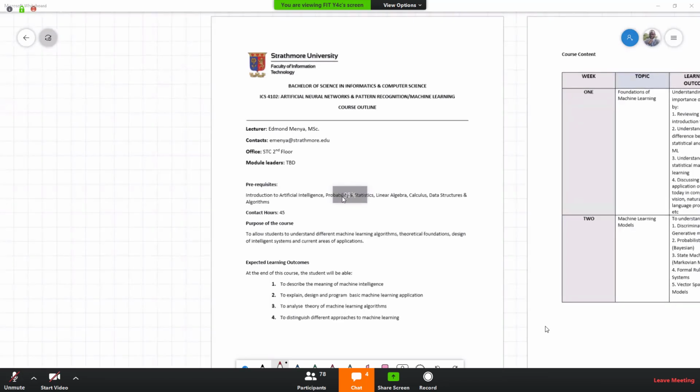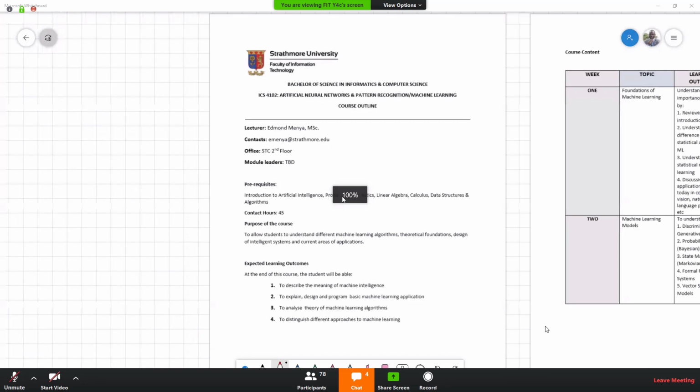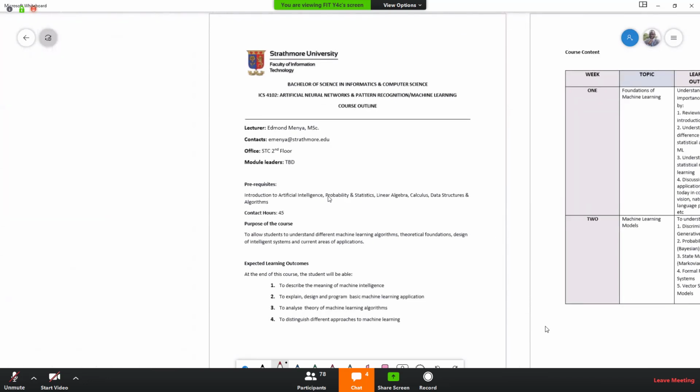In this course, we have already covered AI, introduction to AI, that is. We've done a lot of probability and stats, linear algebra, calculus, data structures, and algorithms. We'll be using concepts from all these units and knowledge areas to be able to do our machine learning.